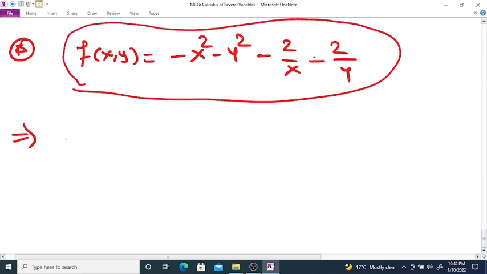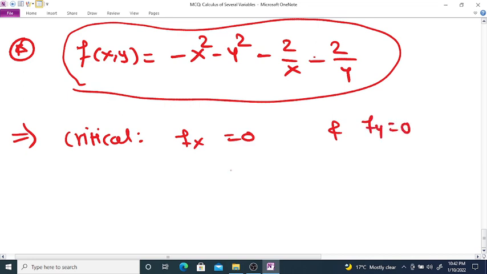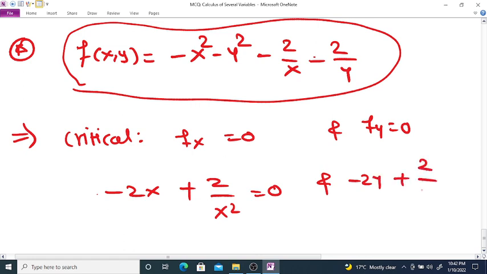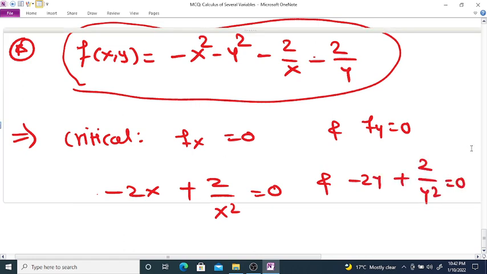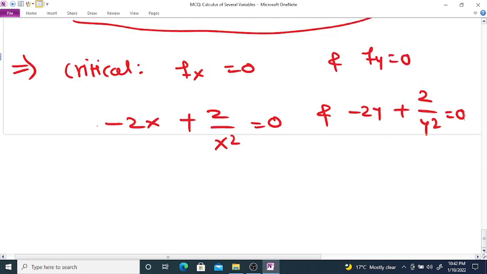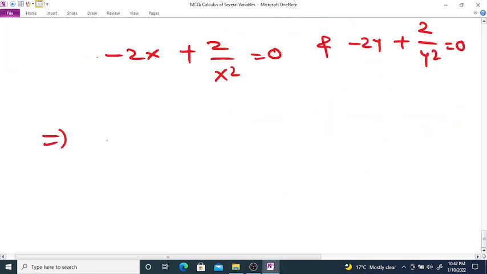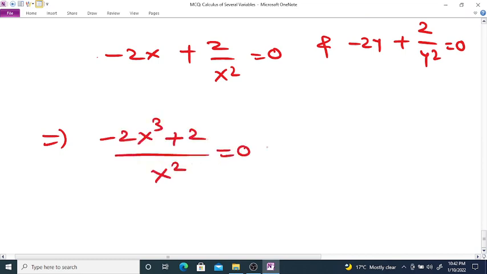So we know that at an extreme value, that is at a critical point, f sub x is equal to 0 and f sub y is equal to 0. So this implies minus 2x minus 2 by x squared is equal to 0 and minus 2y plus 2 by y squared is equal to 0.